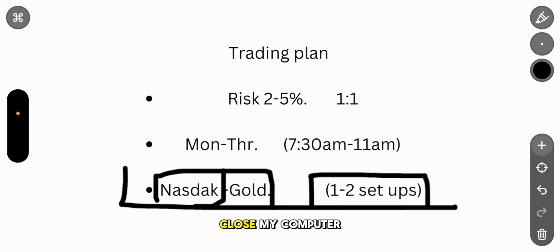I close my computer, continue my day, and do what I was going to do that day, right? Now, if I lose the first trade opportunity that I find when I'm trading on my session, right? I lose that first opportunity, then I have a second opportunity to find another setup and to potentially make my money back or take another loss.